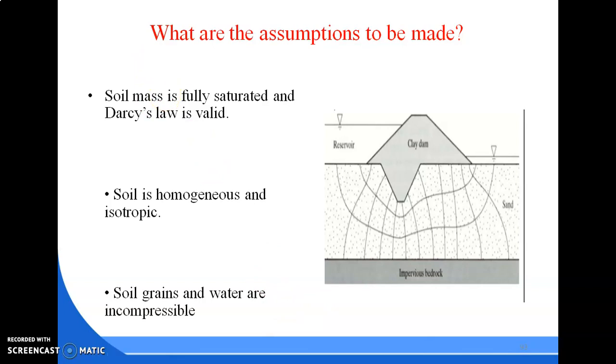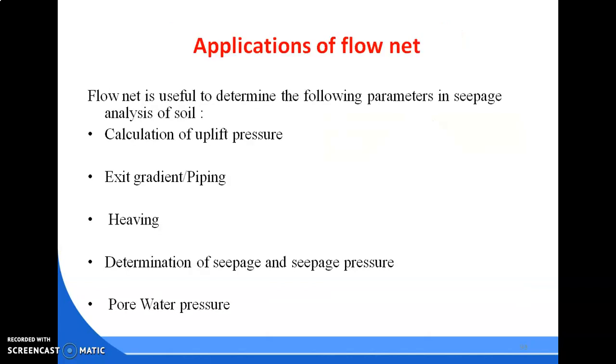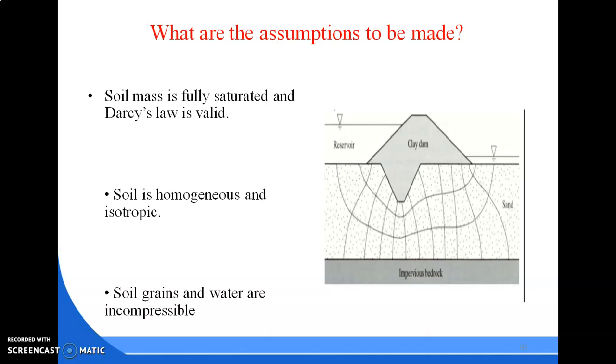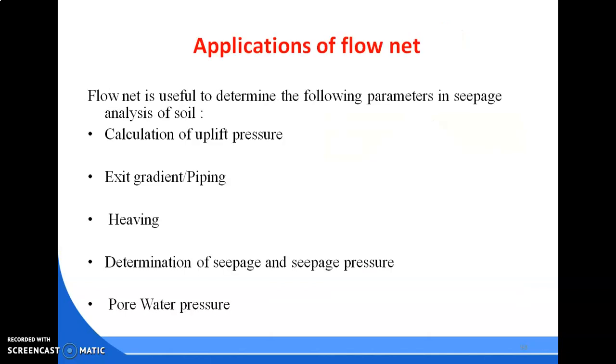We have to assume some things during the construction of a flow net. Soil mass is fully saturated, that means full of water, and Darcy's law is valid. And soil is homogeneous and isotropic, and soil grains and water are incompressible. So these are the assumptions we have to assume during the construction of a flow net.